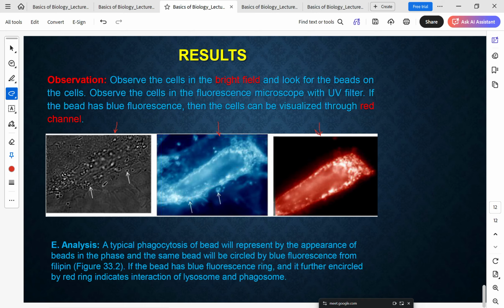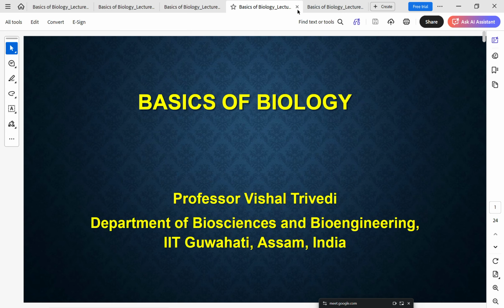So you can observe where the particle is, and see if there is a blue sphere around that particle, and if there is a red sphere around that particle. If the particle is lined by both blue and red spheres, then it implies that it has reached a phagolysosome stage. Any questions?